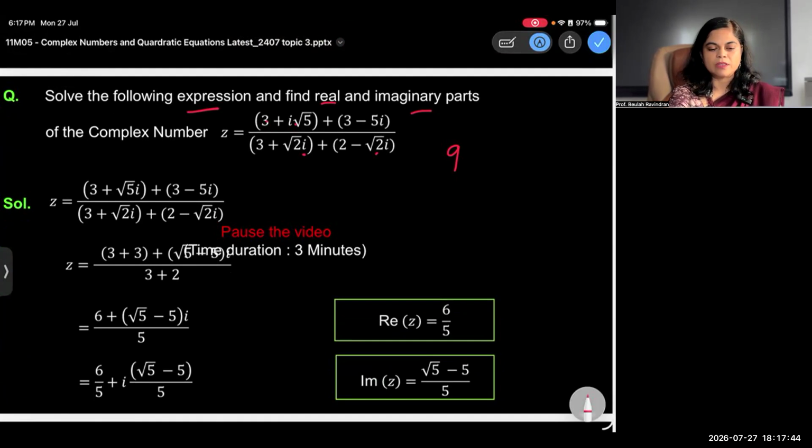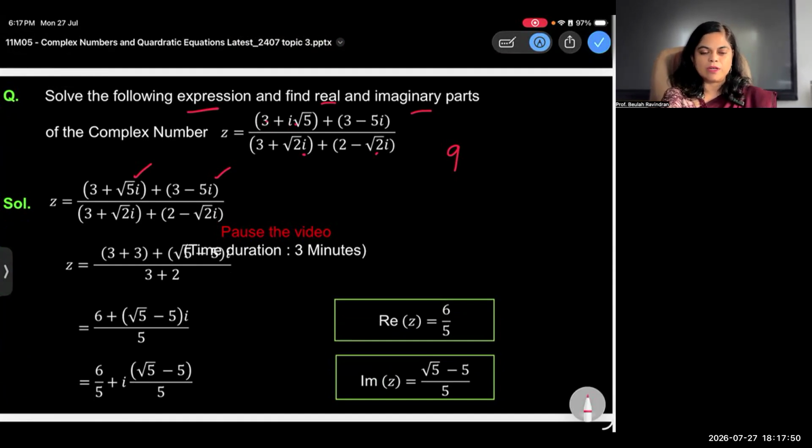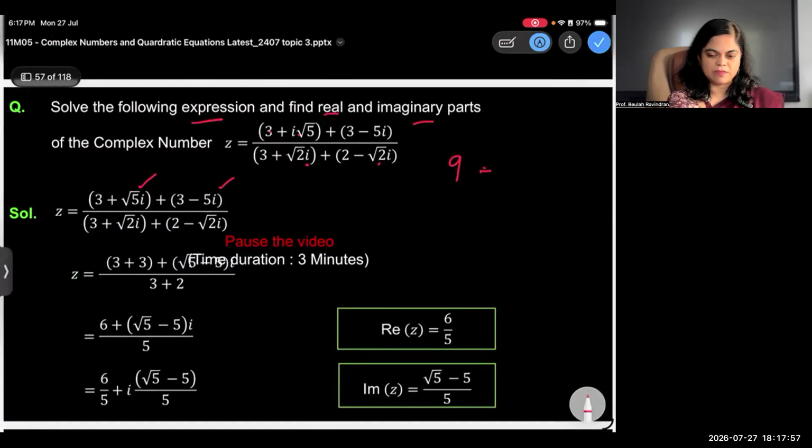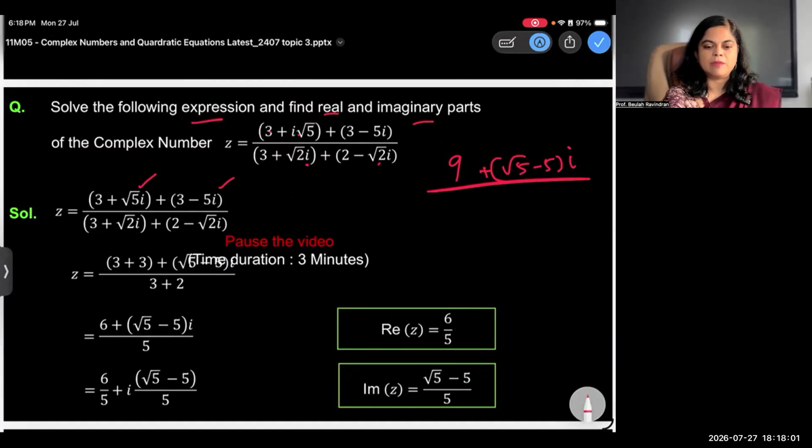So that will be what? So root 5i and minus 5i. So how can you do that? So both are i only, but inside what is there? Root 5 minus 5 into i. Okay, by 3 plus 2 is 5.